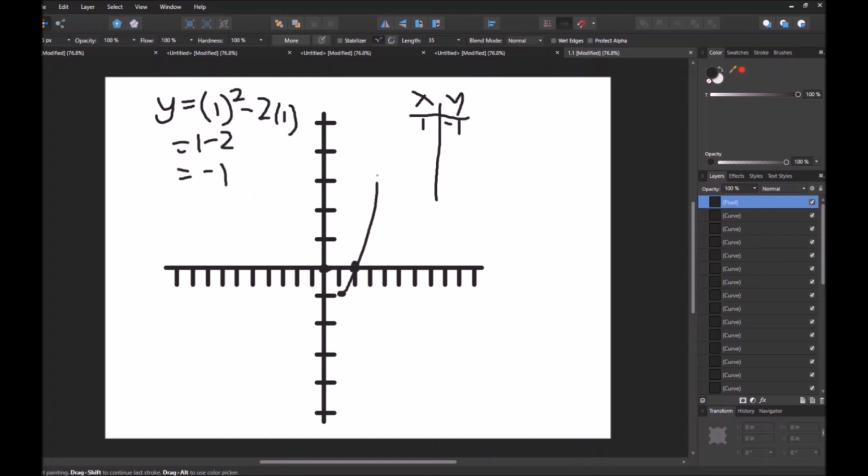So we know the graph is going to look something like that. And again, this doesn't have to be very exact because it just tells us to sketch it. As long as we make it look like a parabola with these x and y intercepts, then we've basically done our job.